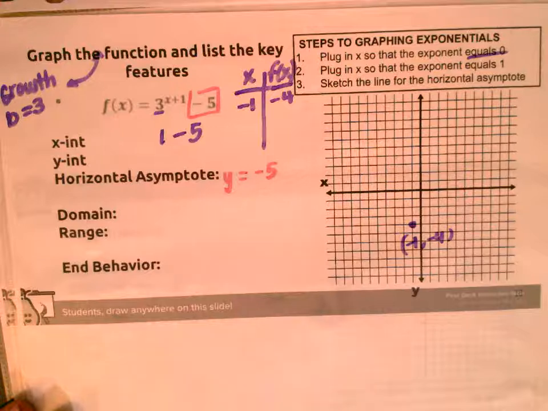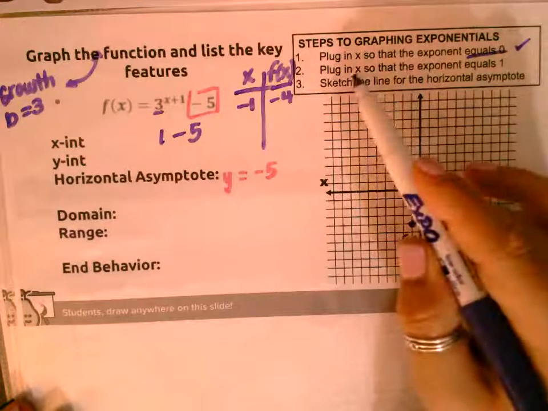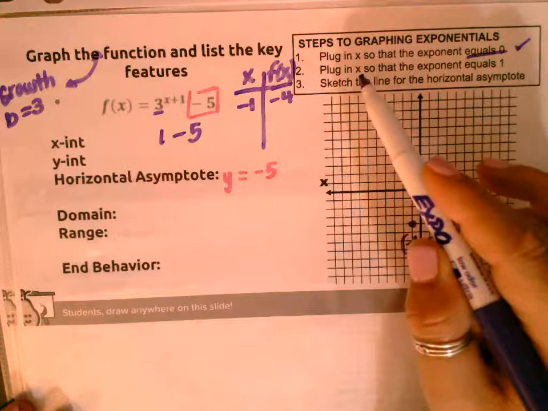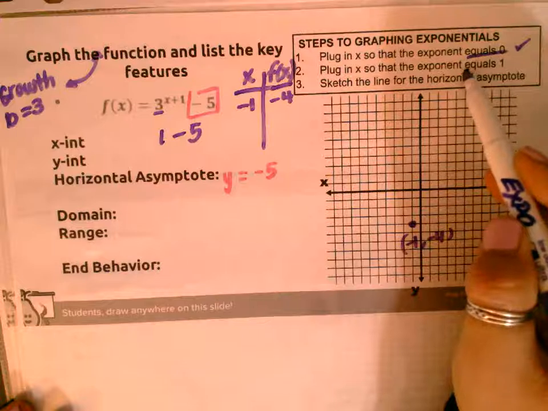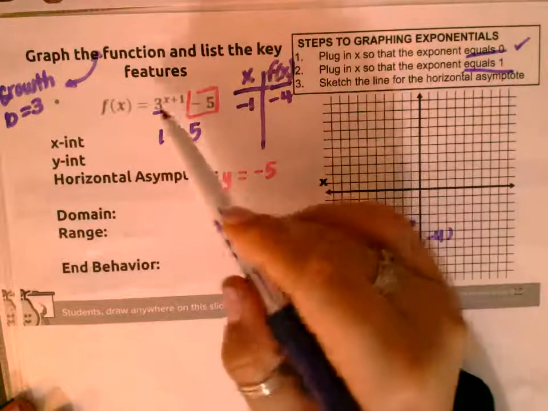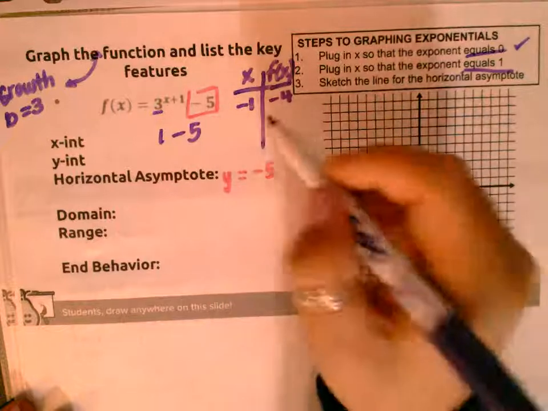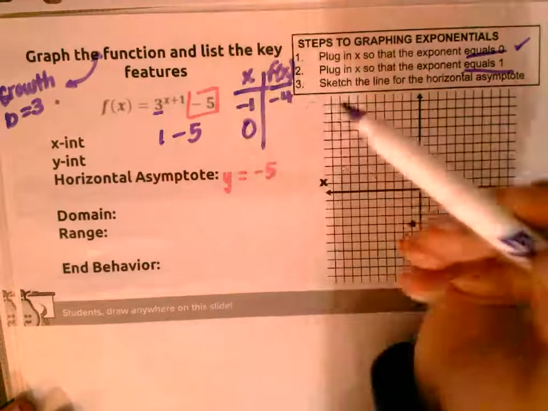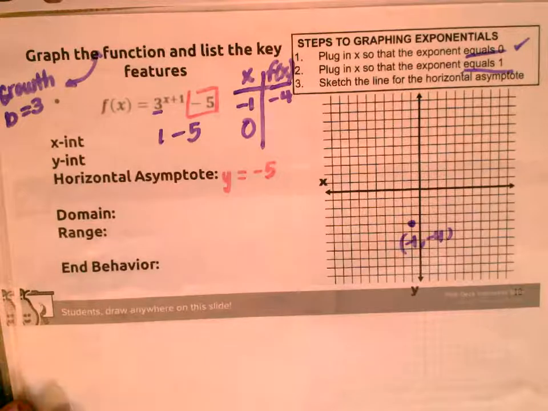And then I can check off the first step, and I need to figure out step 2, which is plug in any x that we need so that the exponent equals 1 now. So I want this entire exponent, x plus 1, to equal 1. Well, if I let x equal 0, 0 plus 1 is 1. And the reason I want it to equal 1 is because anything to the first power is that thing.